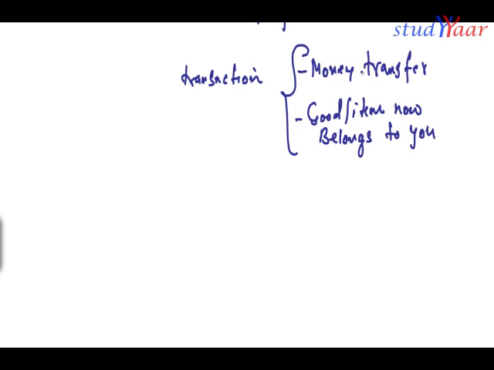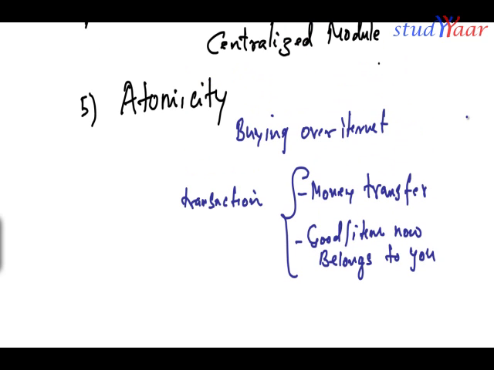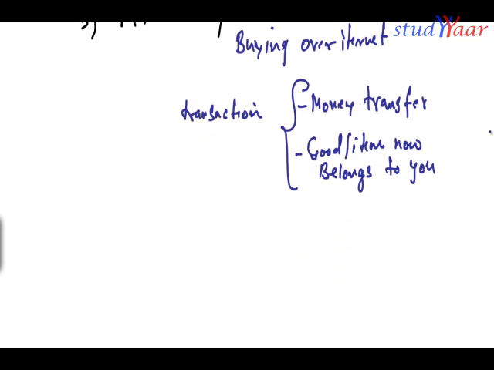The money has been transferred, but the good has still not reached you or has still not changed its status to say it belongs to you. So that's a problem, right? These kinds of problems cannot be dealt with in file processing based systems. So that's a disadvantage.